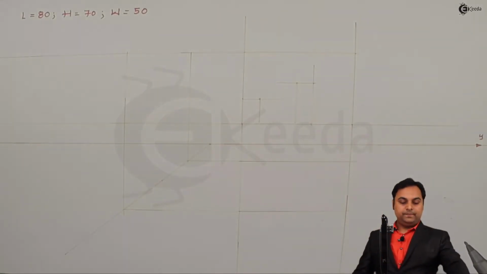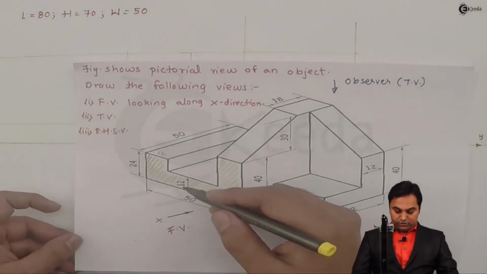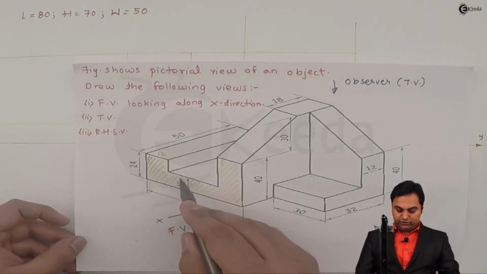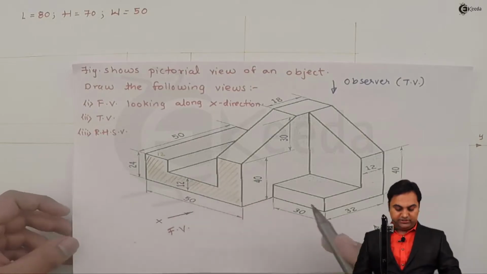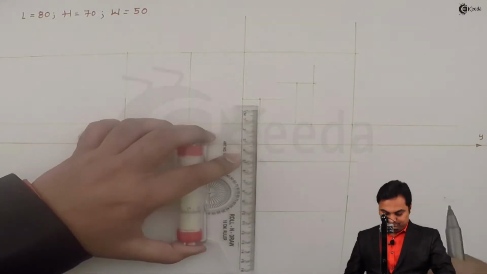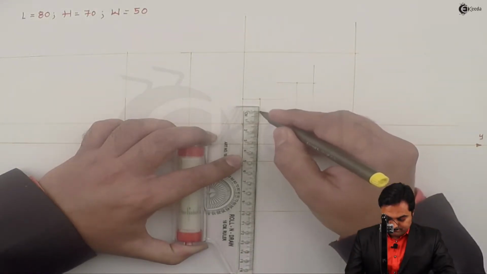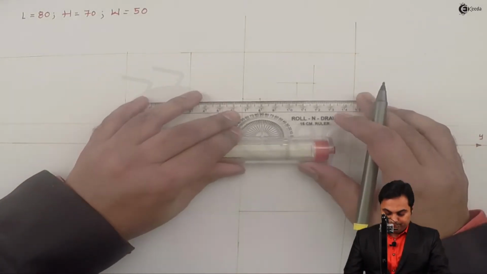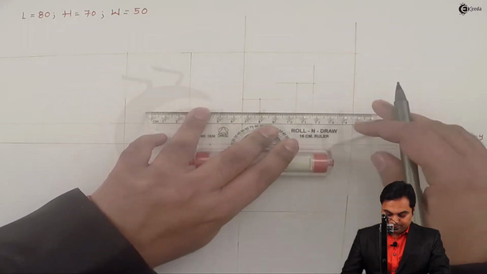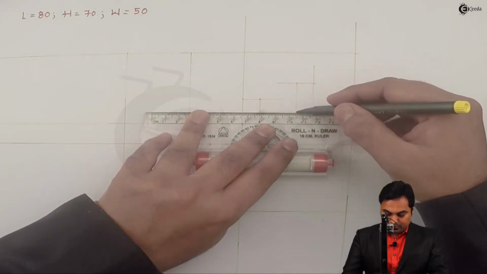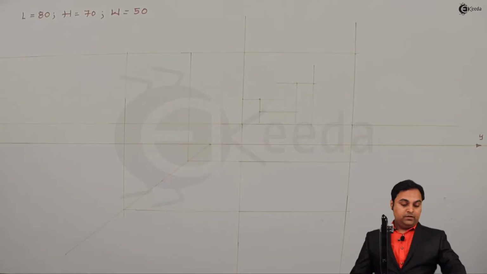Projecting a light line. Then 12 mm from bottom, there will be a horizontal line connecting both these surfaces. Measuring 12 mm. Drawing a light horizontal line.